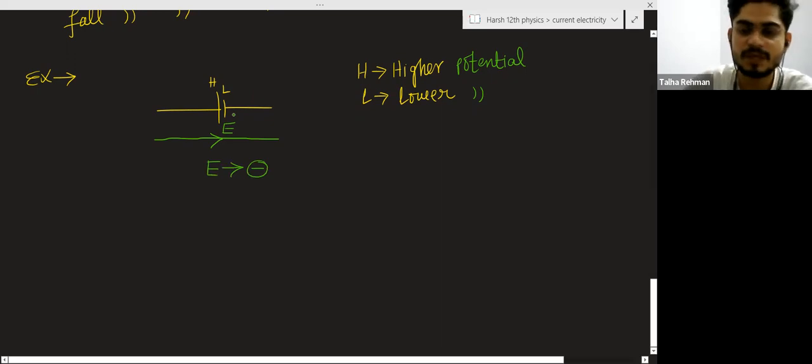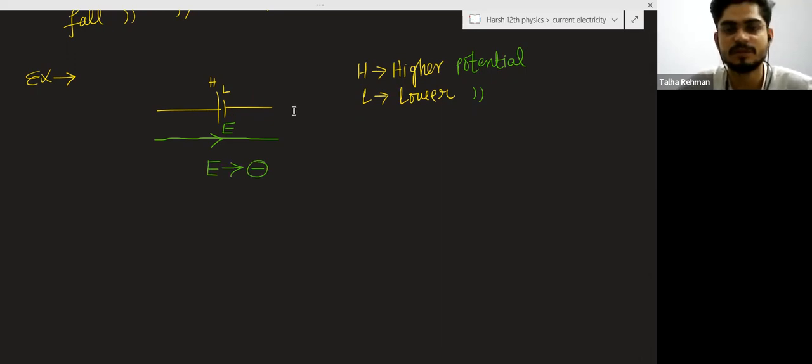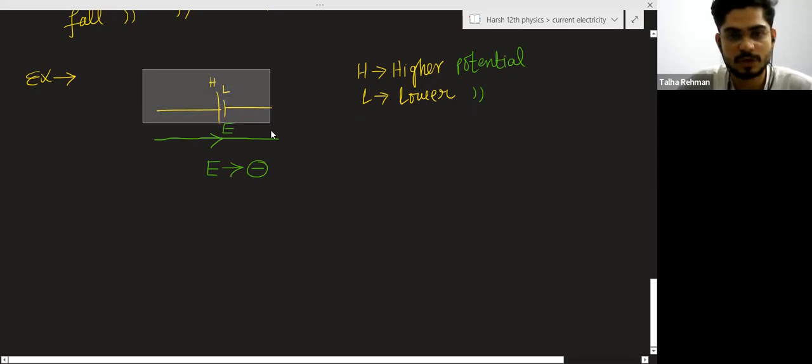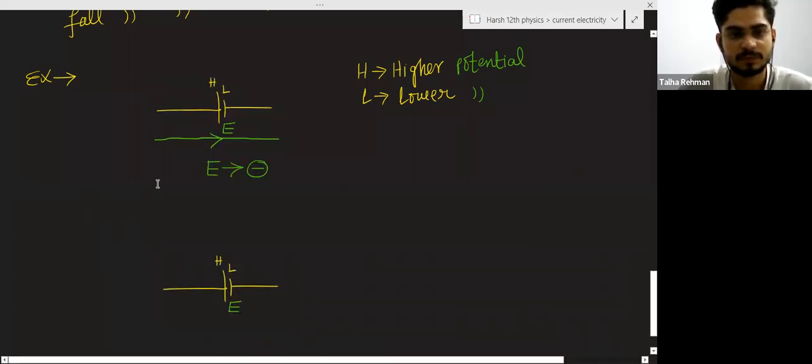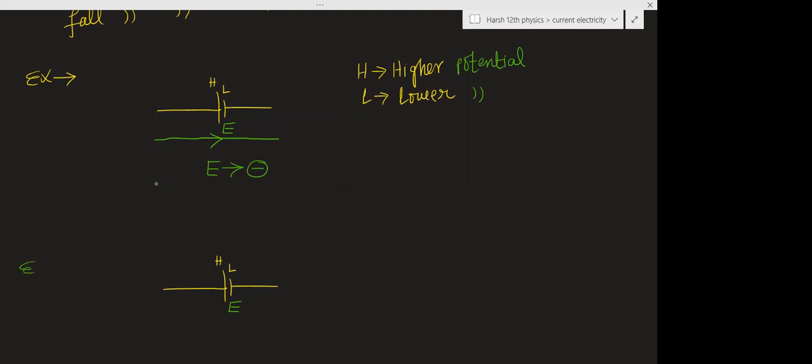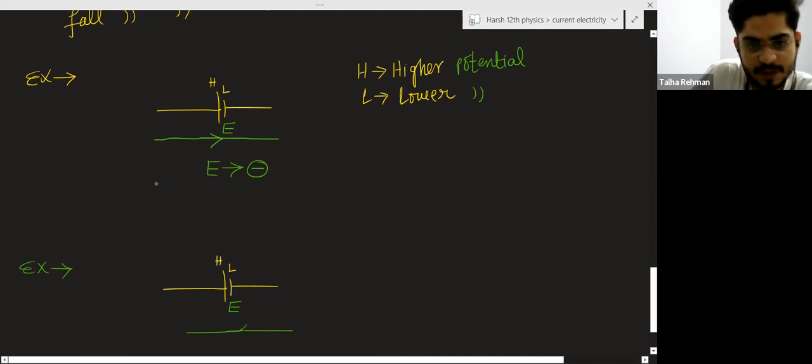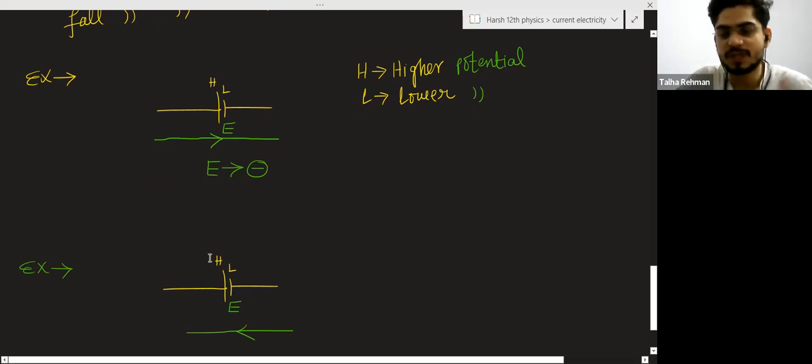One by one, step by step, you will understand all the things. Now I am taking one more example. Suppose you are moving from here to here, from lower to higher potential, which means the potential is increasing.